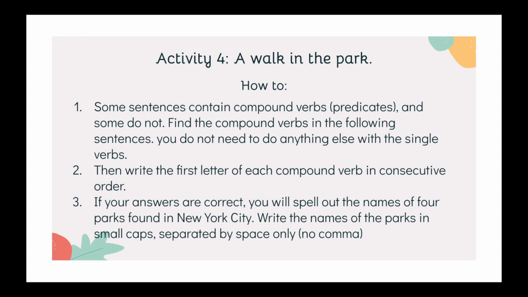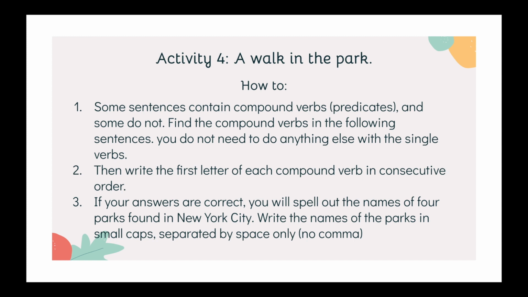You can skip it. Now for every compound verb in the sentences, write the first letter of each compound verb. So for example, if in one sentence you found two verbs, did and ate, you write D and A, all of them in consecutive order, in order.